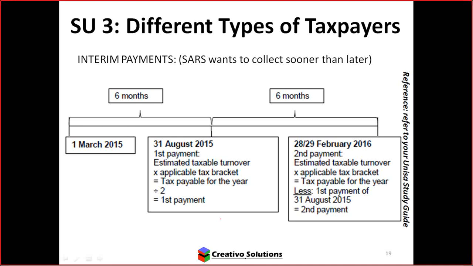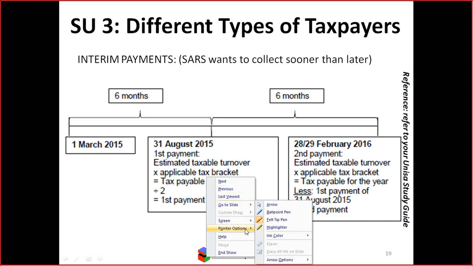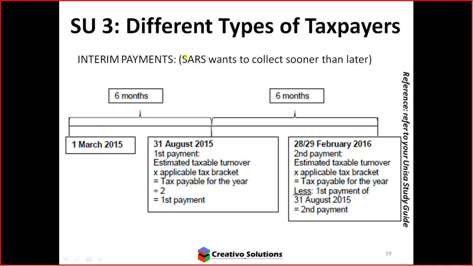So that it's a little less, because your company makes so much money that paying it at the end of the year would not really make sense, and it would make SARS's life a lot harder. They need to have a constant flow of income, or rather of taxpayers' money, within the year. You're 100% correct.